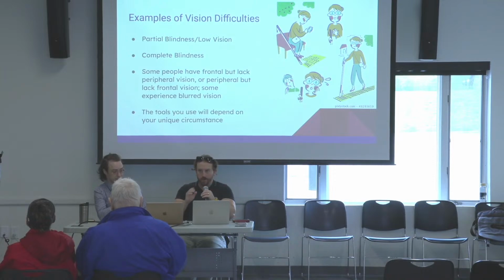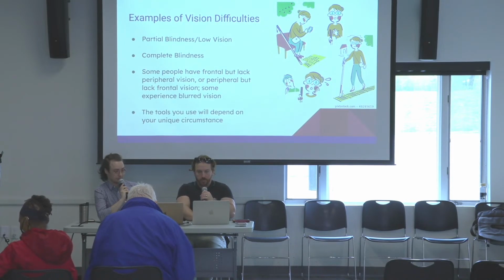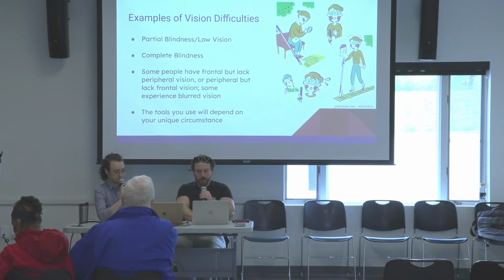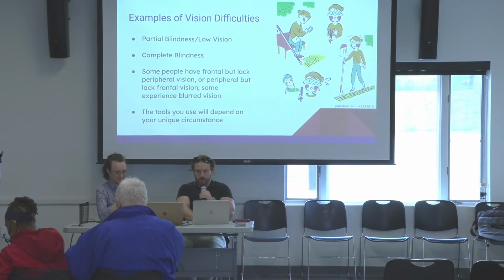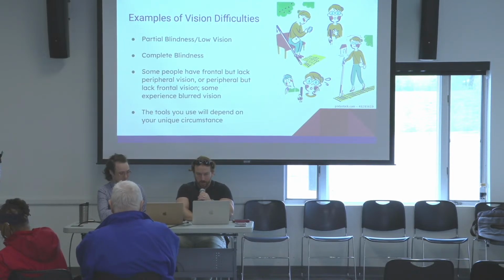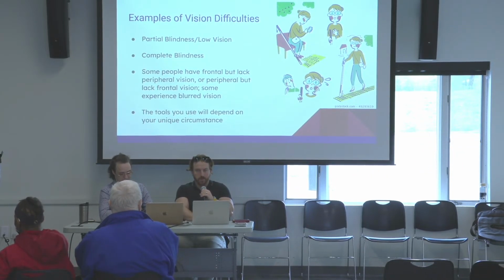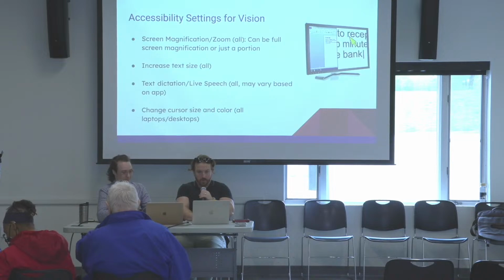There are many other types of things, like floaters, or some people see shades. The spectrum of vision disability is pretty wide and sometimes encompassing. The tools you use for assistive technology will differ because of the different acuities and differing needs. Next slide.